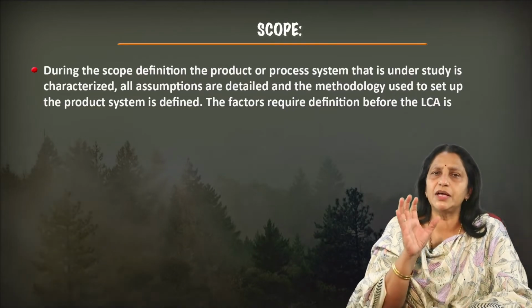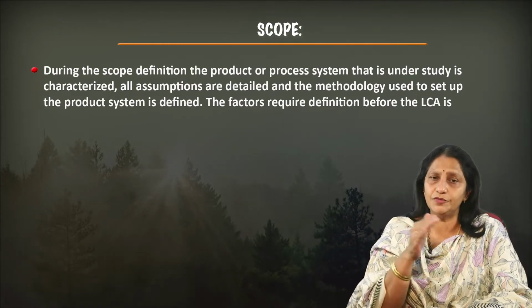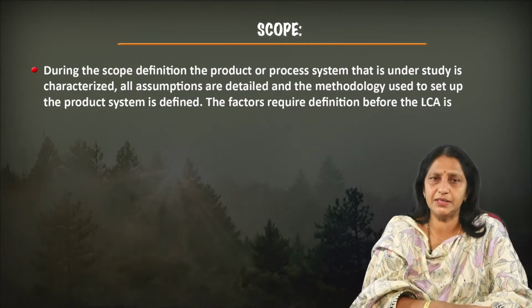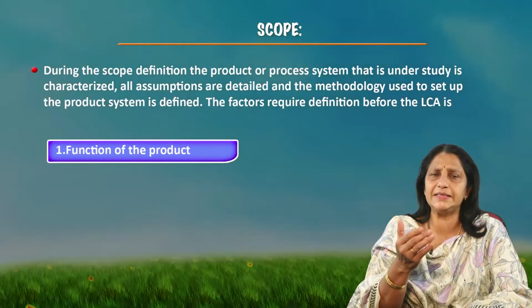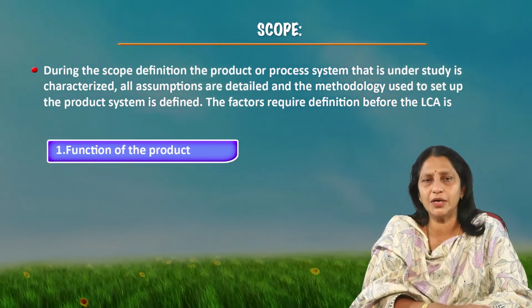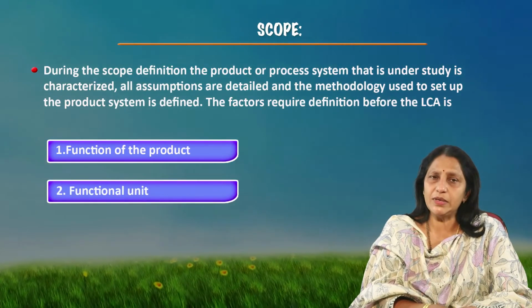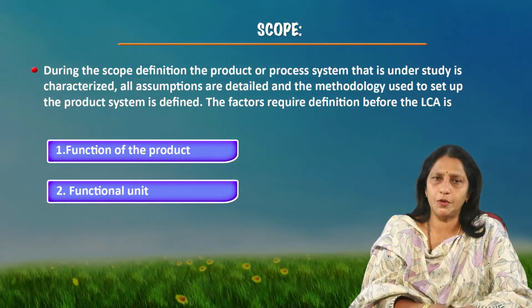So the factors that require defining before the LCA are four or five factors. The first factor is the function of the product. That means what are the most important characteristic features of that product. And the second one is the functional unit of the product.